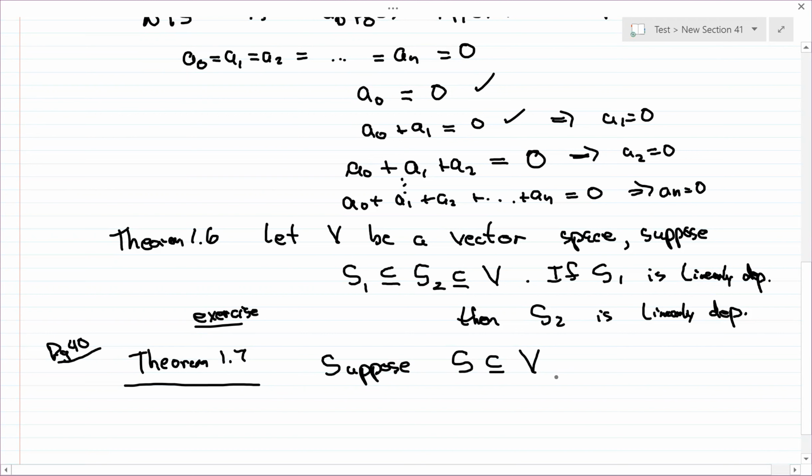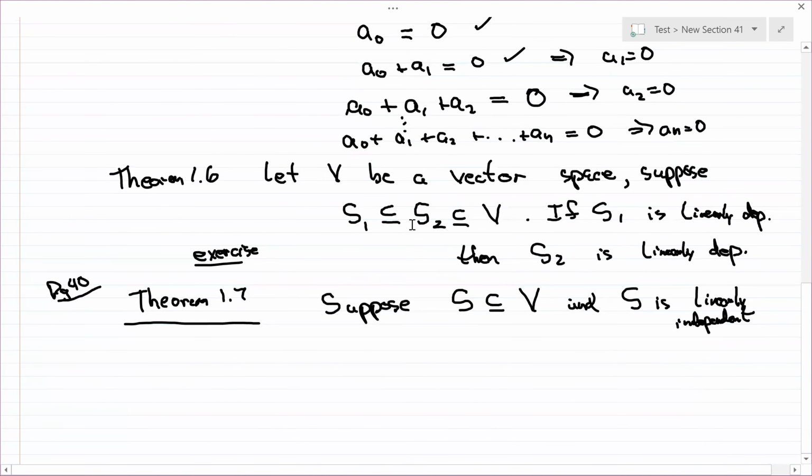And this time though, S is linearly independent, which is different than what we were assuming in the previous theorem. We were assuming that S1 was linearly dependent. This time we're assuming that S is linearly independent. So these are sort of bookend theorems. They complement each other.